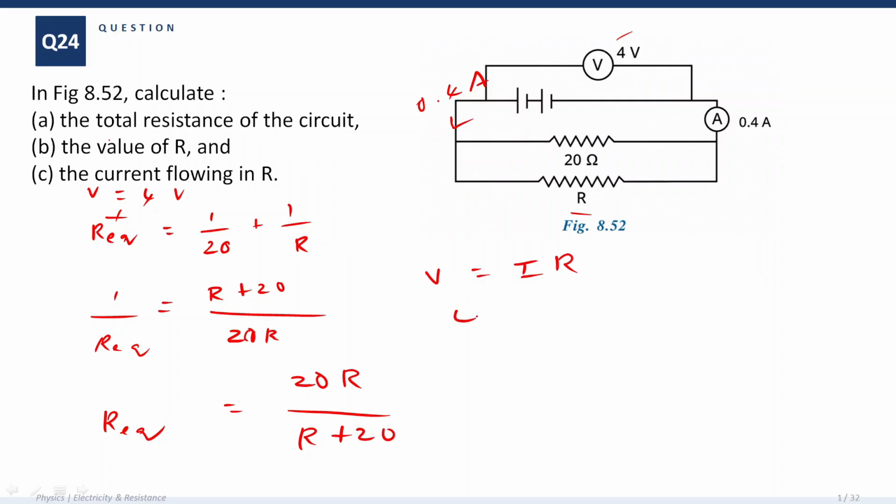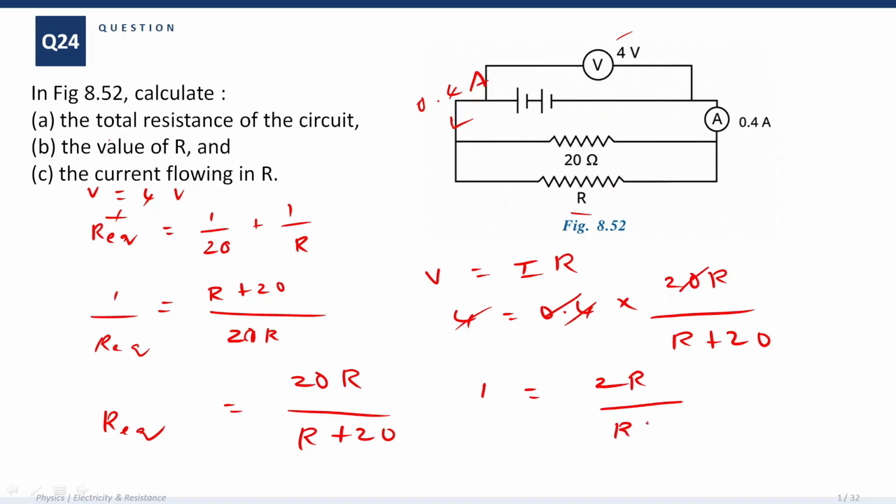V given 4, current given 0.4, so we have the equation 4 equal to 0.4 into 20R by R plus 20. Then the decimal point will get cancelled, 4 and 4 will get cancelled. So we have 1 equal to 2R by R plus 20.